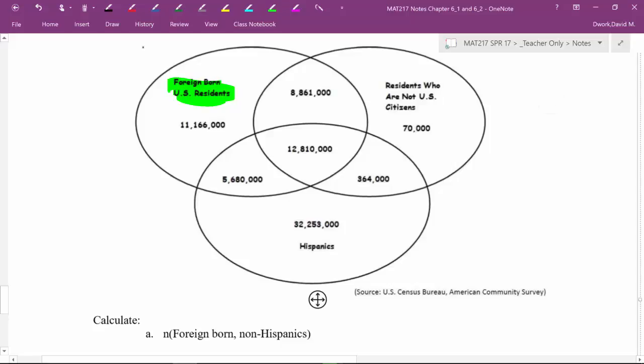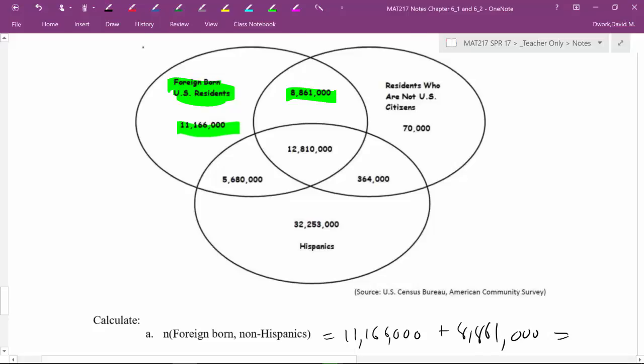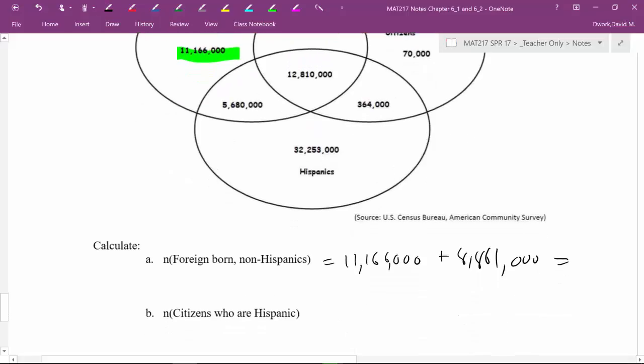So we want things that are outside Hispanic but inside foreign born. So it's those two. You're going to say this is equal to 11,166,000 plus 8,861,000 and change. Okay, if you got that, great. This is calculator button pushing. Everybody can do that. We're moving on.